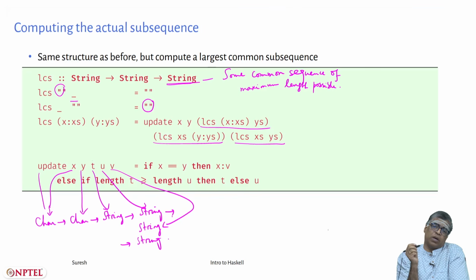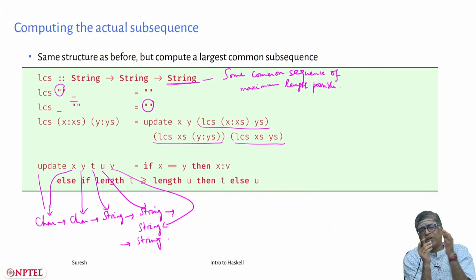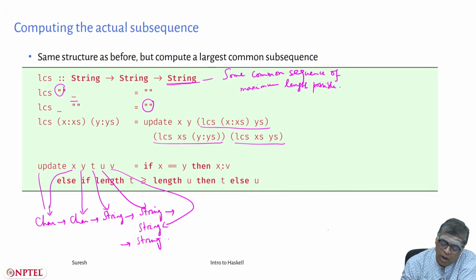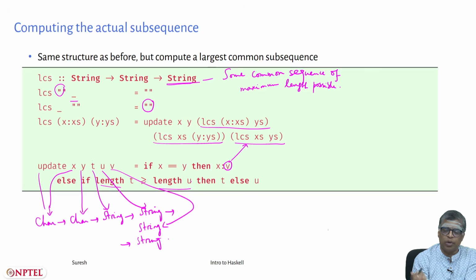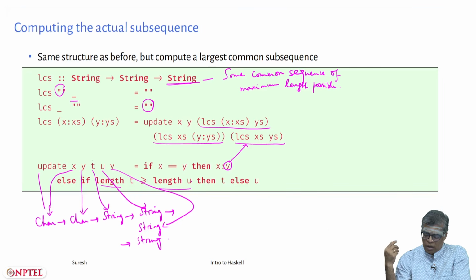But what is the computation itself? If x is the same as y, then you retain that x and put it in front of v. What is v? v is LCS of xs ys. Otherwise, you check if length of t is greater than or equal to length of u. In that case, you take it to be t. Otherwise, you take it to be u. This is a simple enough computation.